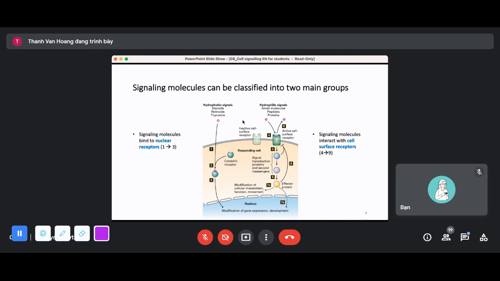Okay. So hydrophobic, they don't like water. They are soluble in lipid, right?